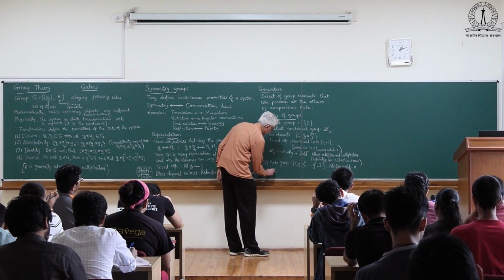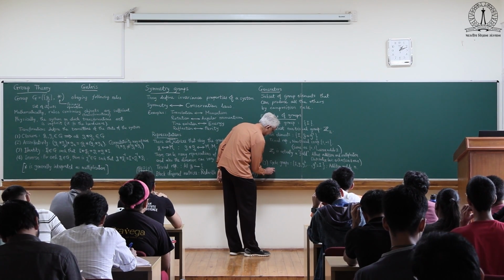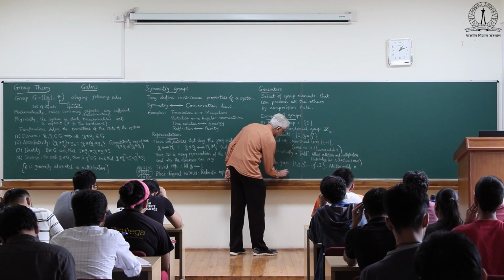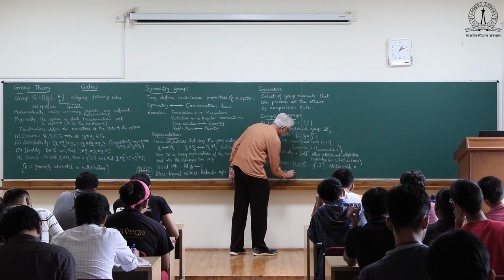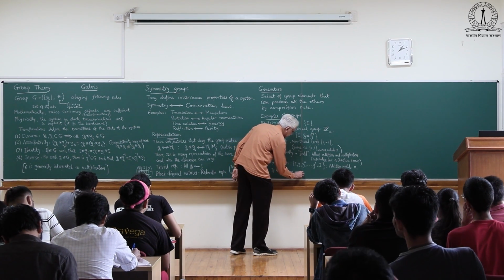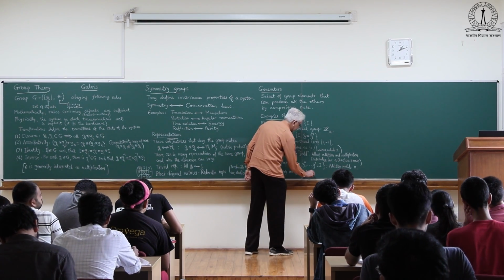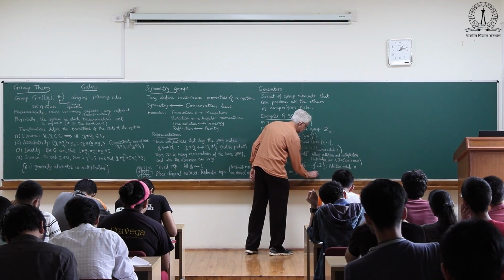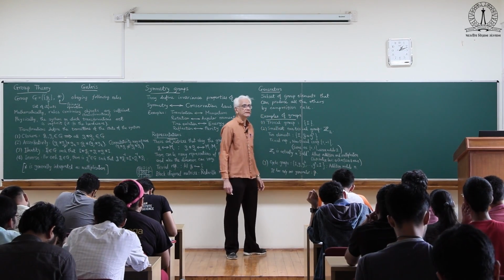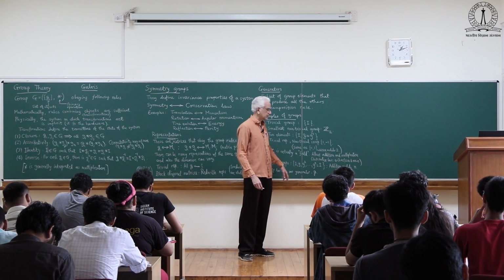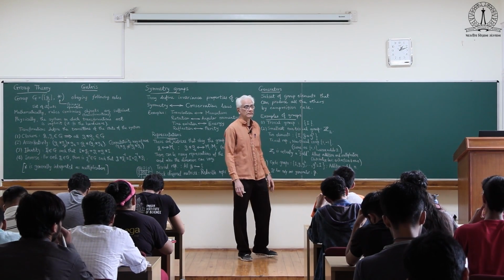So it has only one generator, which is G. If I know G, I can construct all the rest.